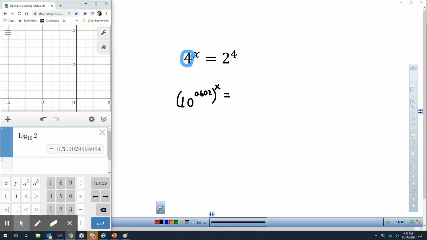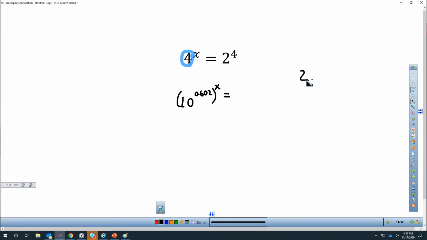It's 0.301, so that's telling me that 2 is equal to 10 to the 0.301 power. And so I can put 10 to the 0.301 instead of that 2 that's there, and it's being raised to the 4th power.